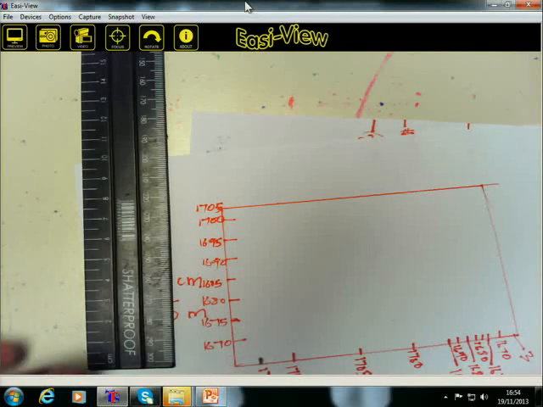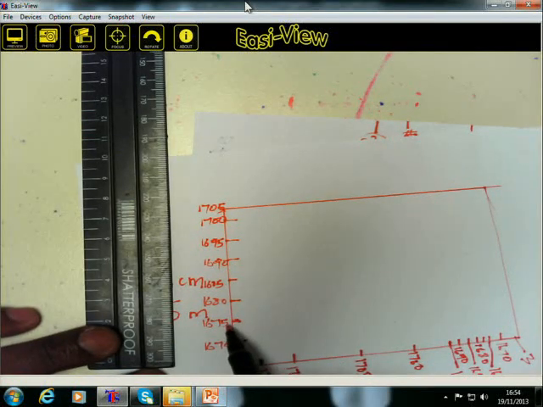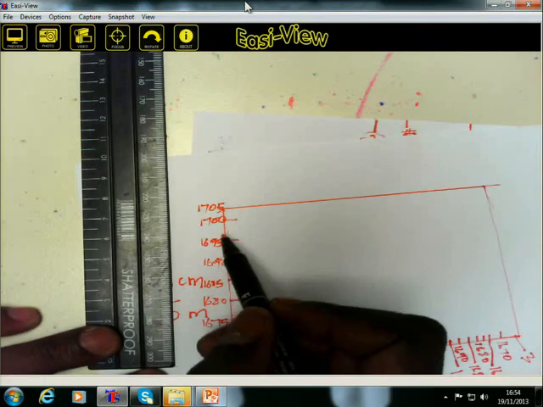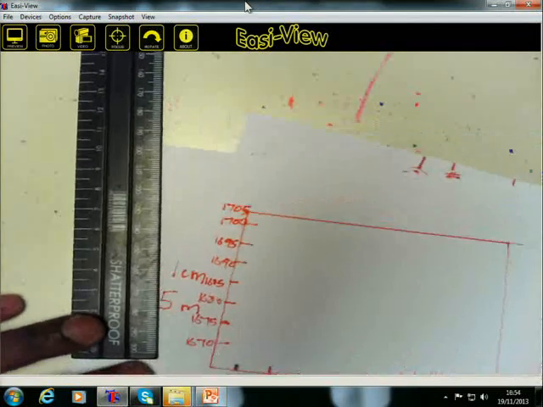See how I forged it there? 1670, 75, 80, 85, 90, 95, 1700, 1705. Then you plot them.